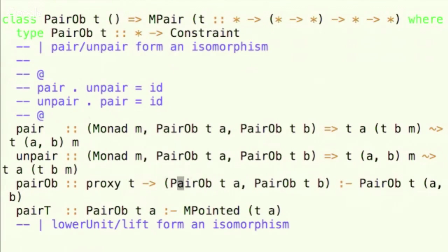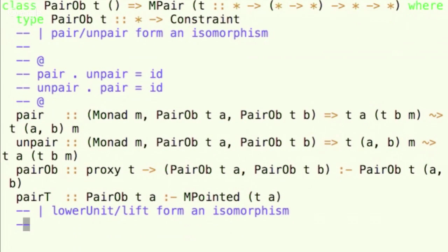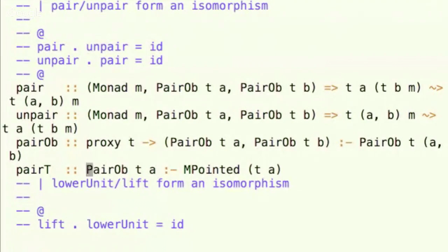So in this case, for writer T, it would be like if A is a monoid and B is a monoid, then darn it, the pair of A, B better be a monoid, or we won't be able to build writer T of pair AB. And then I need some proof that if A is an object, then T of A is a transformer whenever A is an object that we're willing to work with.